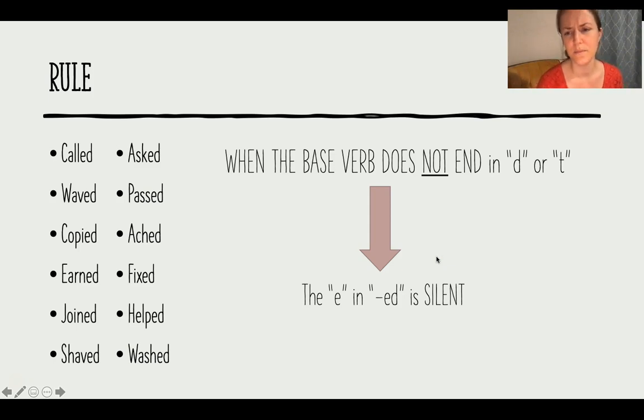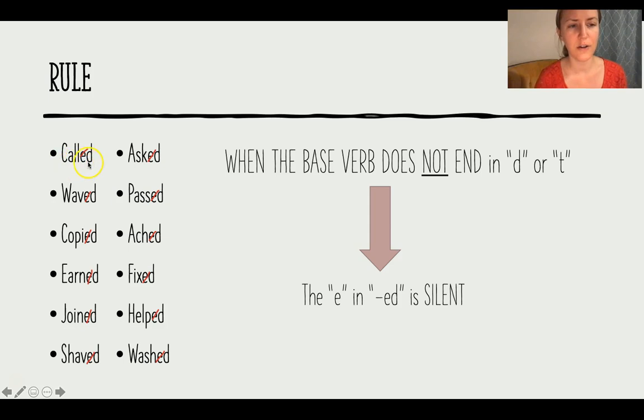So what's the rule? Why the difference? Basically, when the base verb, call, wave, copy, earn, ask, pass, does not end with a d or a t, the e in the ed is silent. So we pronounce it with no e.